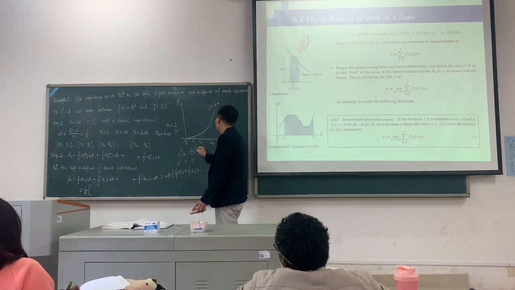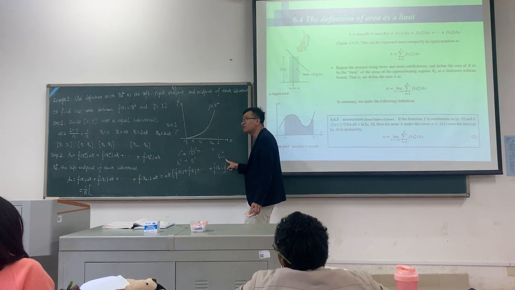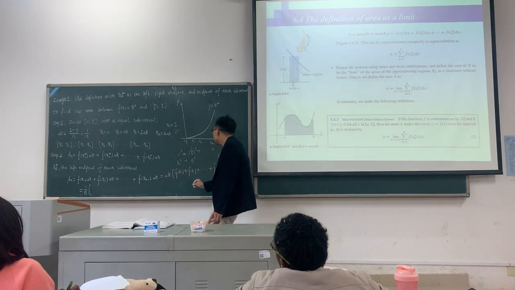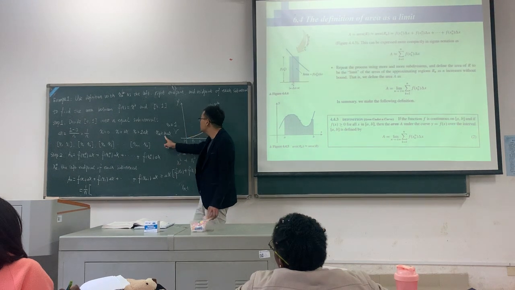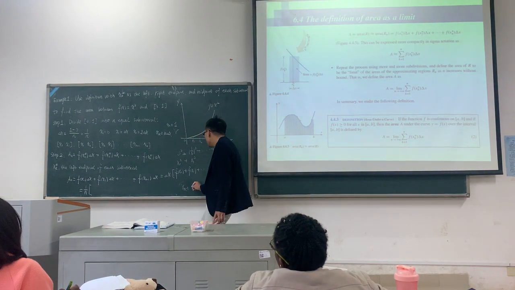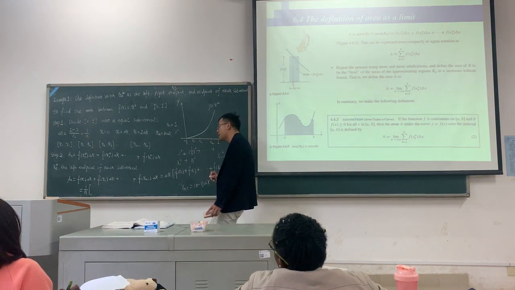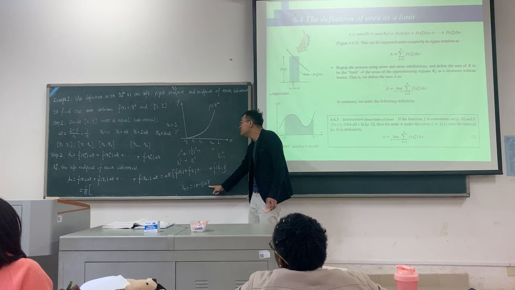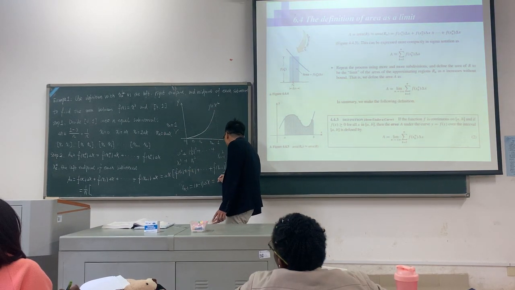Plus what? x_{n-1} actually is what? We know that xk equals k times delta x. So x_{n-1} actually is n minus 1 times delta x. Yeah? Delta x is what? Delta x is 1 by n. So x_{n-1} actually is n minus 1 by n.